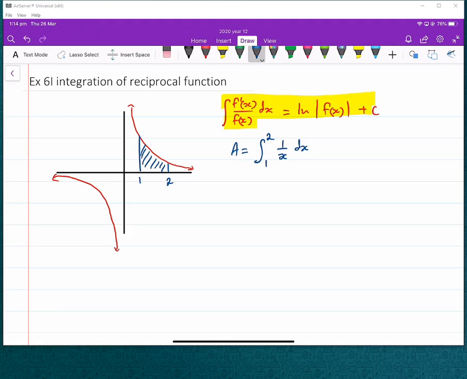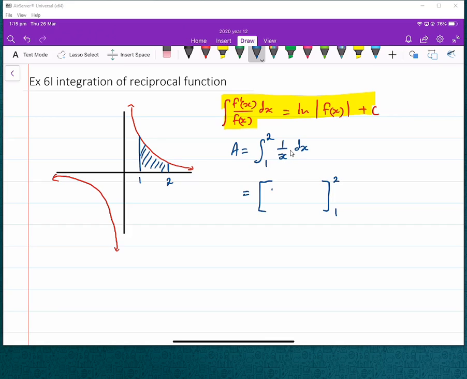So for this case, it's a definite integral between 1 and 2, of ln of f of x, which is x.